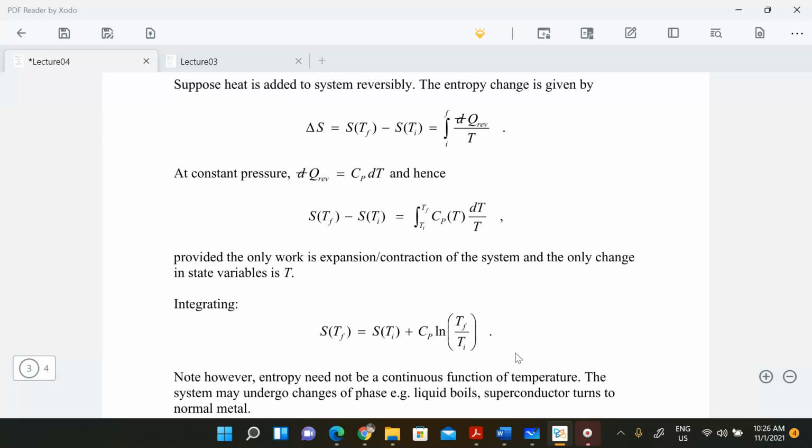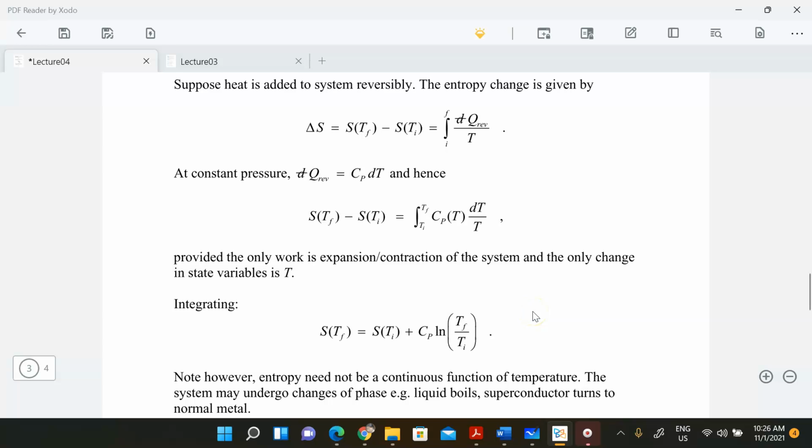In the case that the work is only expansion and contraction of the system, and there's no other work, you can rewrite this as follows. It's just the integration of that.